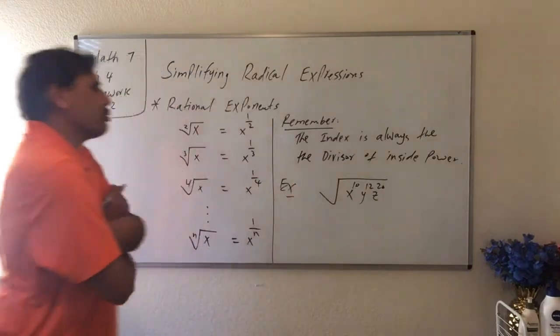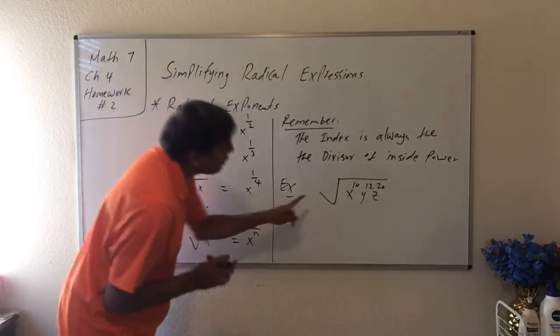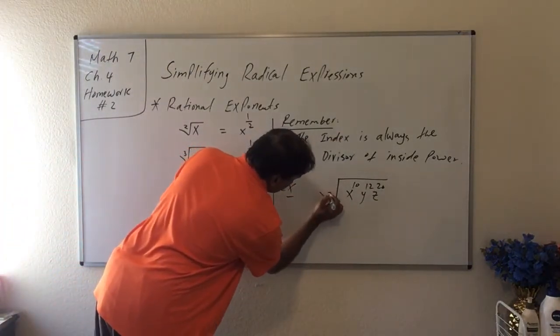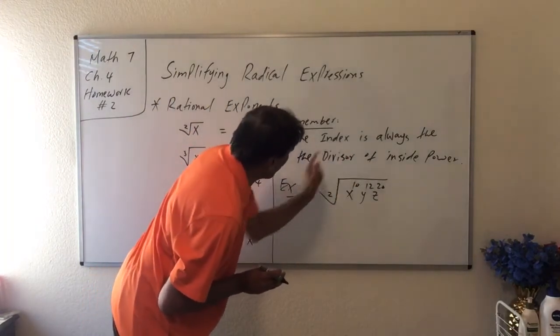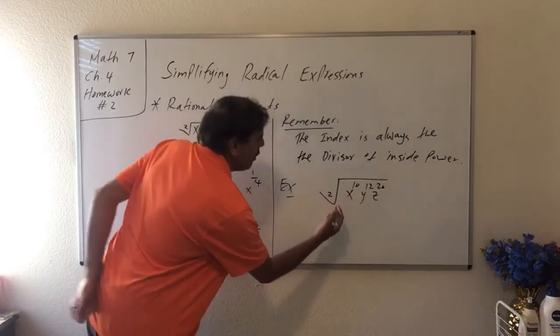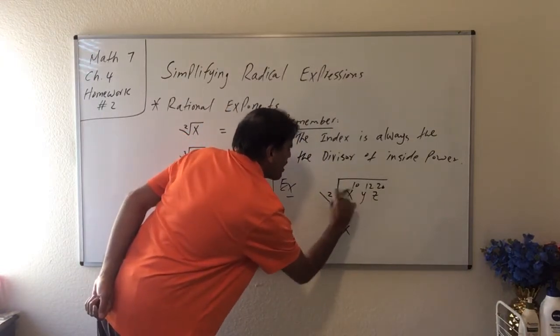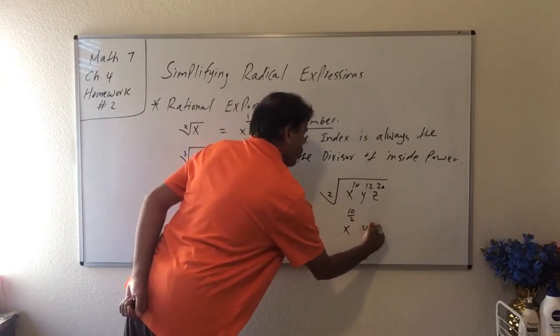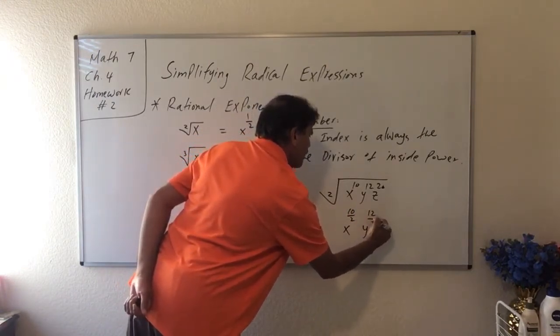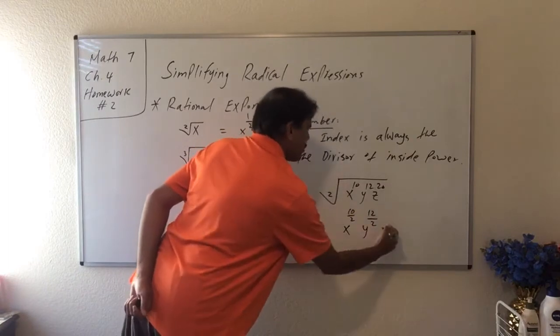So now somebody asks you to simplify this. So now remember, the square root, the index is 2. We're saying the index always divides. So index is always the divisor of inside power. So here, x inside power is 10, 10 divided by 2. And y inside power is 12, 12 divided by 2, because index is 2.